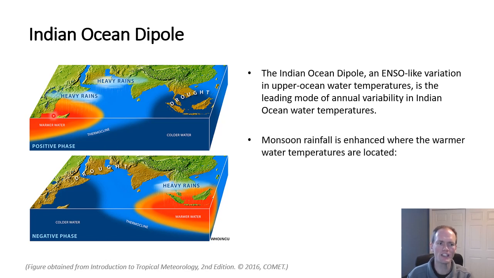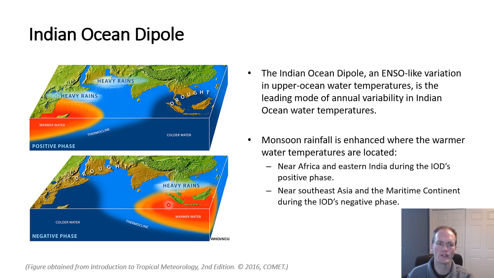So during this positive phase, we see heavy rainfall associated with the monsoon increased in the western Indian Ocean, far eastern Africa, and into western India. And during the negative phase, we see, and I need to correct that from eastern India to western India, my apologies here.